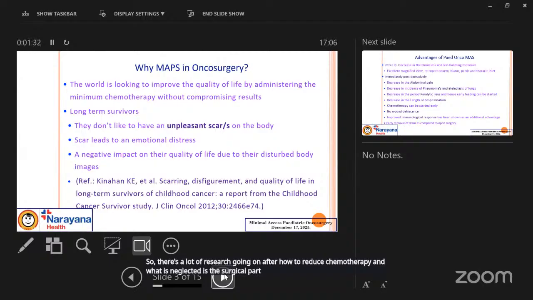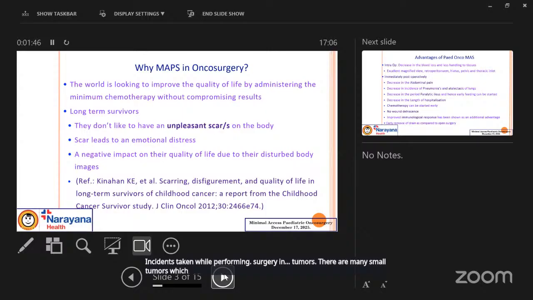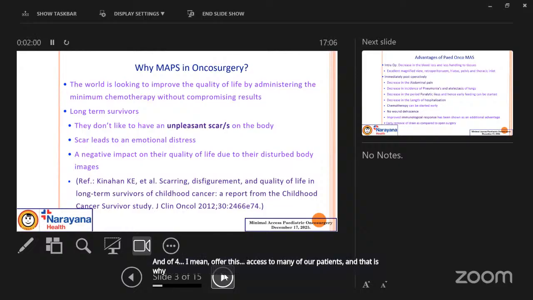Even today, long incisions are taken while performing surgery in tumors. There are many small tumors which can be easily done by minimal access, and they go through big incisions. We need to think over it and offer this access to many of our patients, and that is why this particular talk.